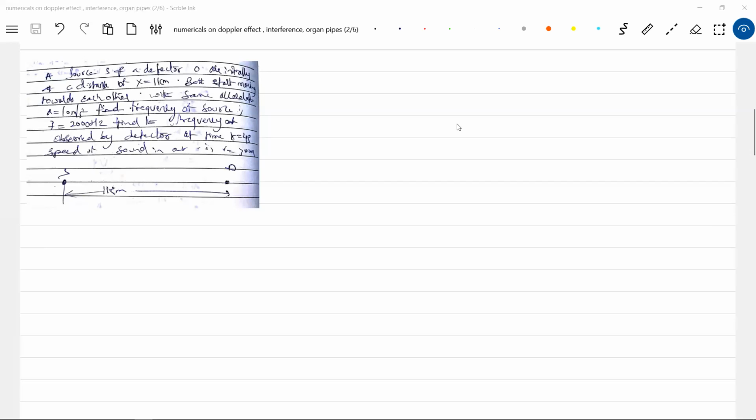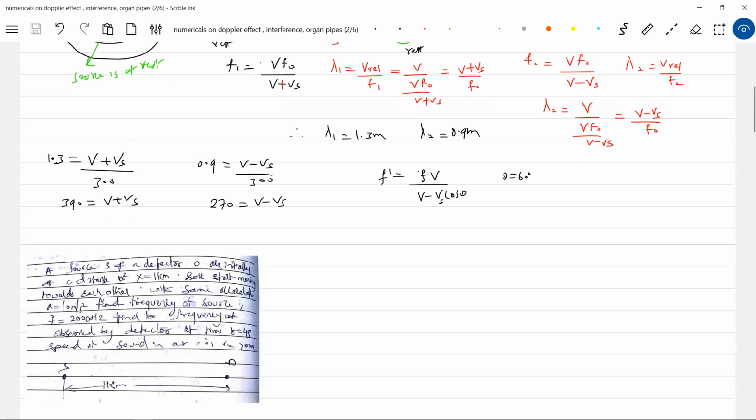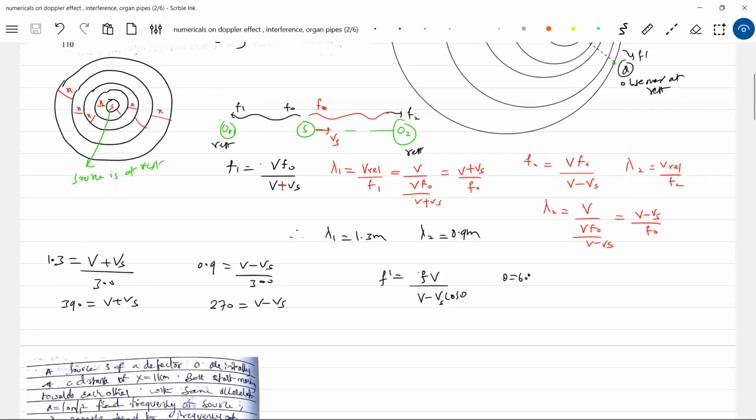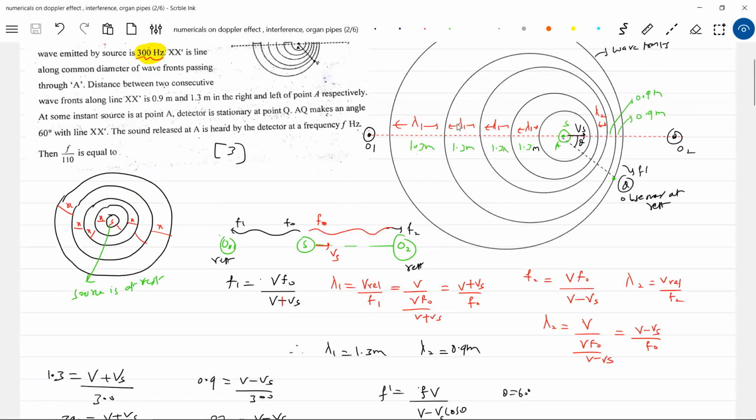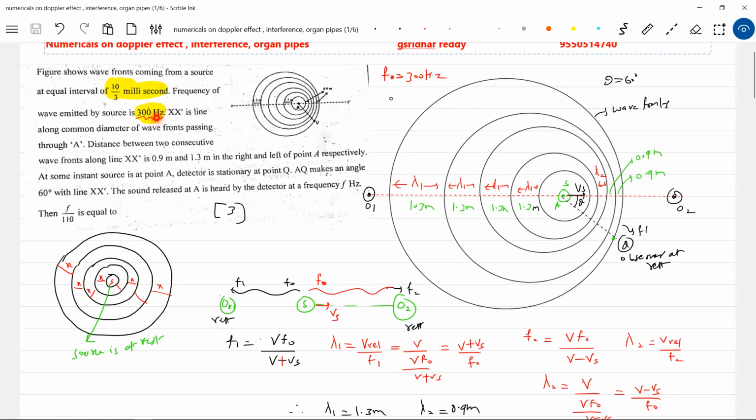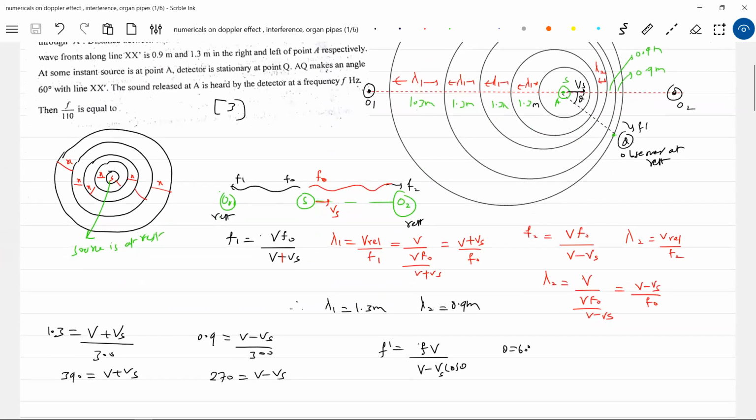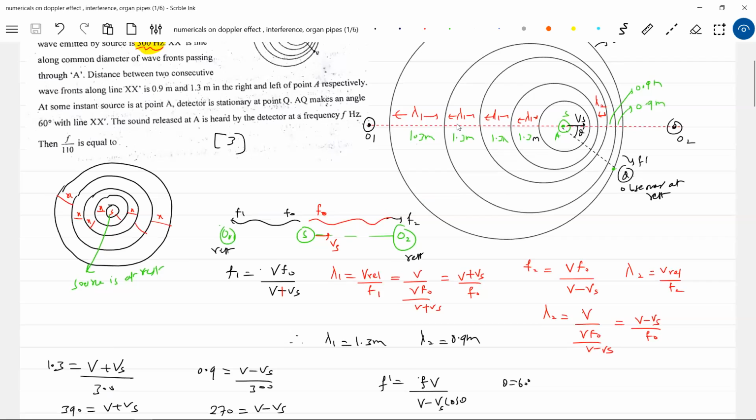What is F equal to F naught? I don't know, what is the meaning of this? This is F naught, ma? The 300 is. No, the frequency heard by a detector. Okay, okay, symbols, no symbols. I'll change it. F naught.